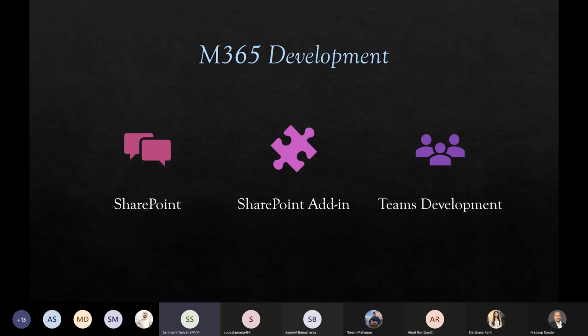So these tabs can be programmed, and you can customize them to use REST API and get the details from your local database or from a common data source or from SharePoint even. So for those kinds of scenarios, Teams development will be helpful.